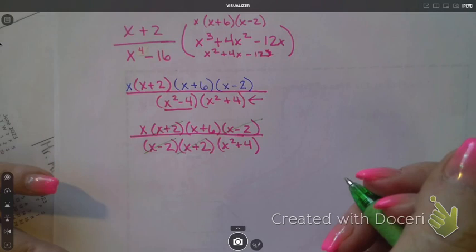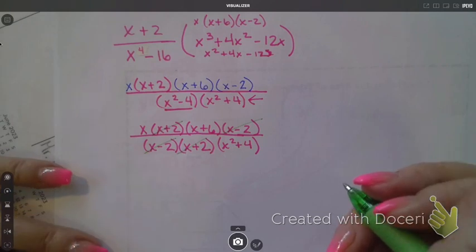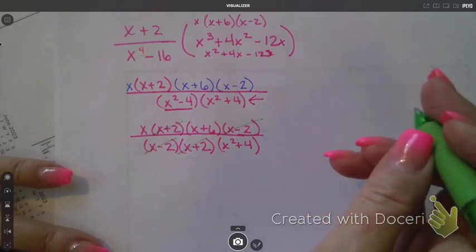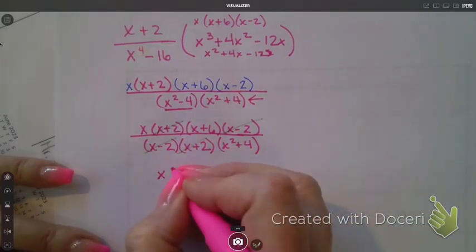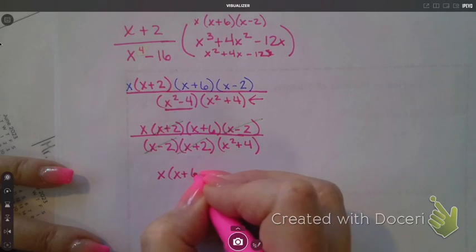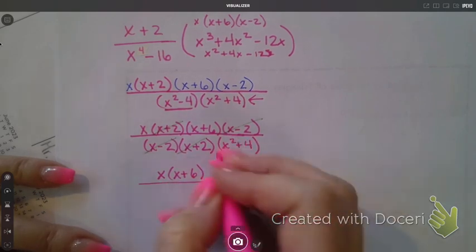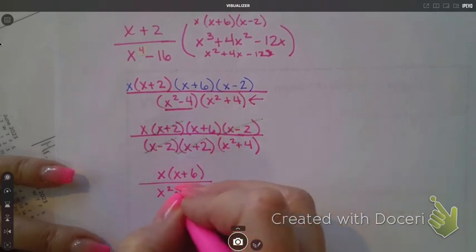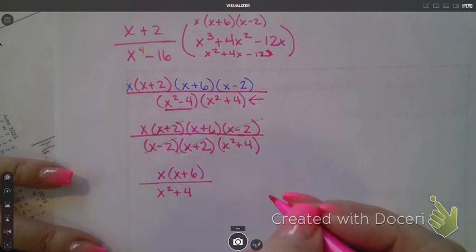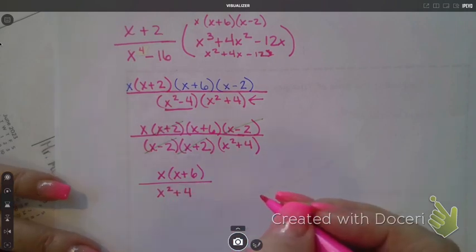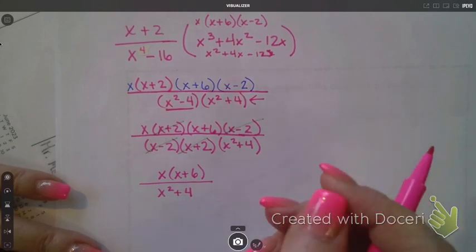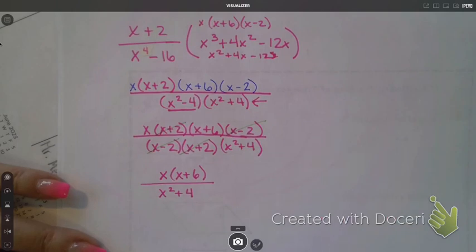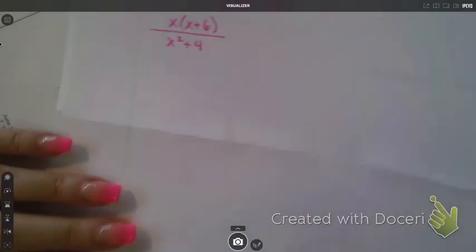Is there anything else? No. Nothing else. And so my answer would be x times x plus 6 over x squared plus 4. That's it? Was it any different? No. Just keep factoring, right? Put a 1.